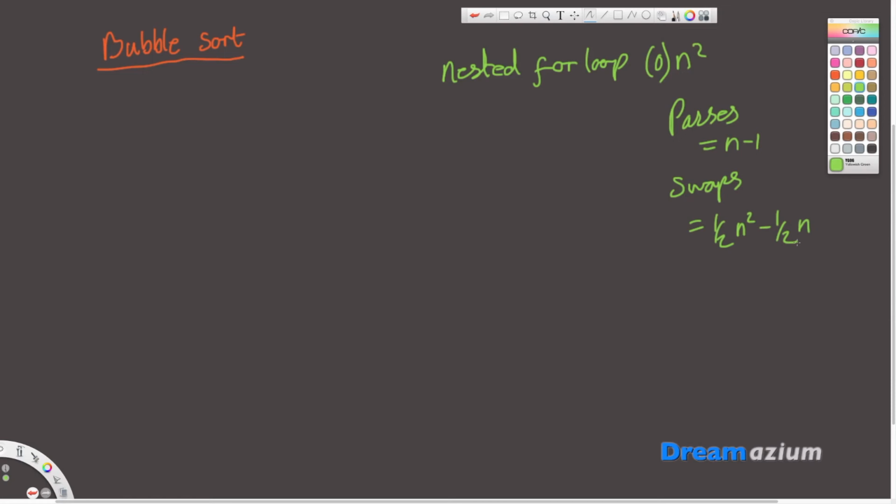Now, the criticism of bubble sort is that it's slow. Okay, so bubble sort is slow. And the reason why it's slow is because for smaller values, it's okay. But if you're increasing n here, that's quickly going to get very, very large.